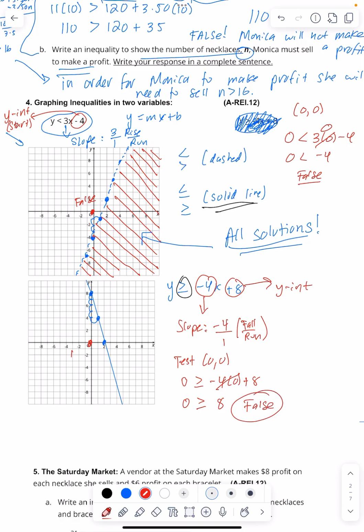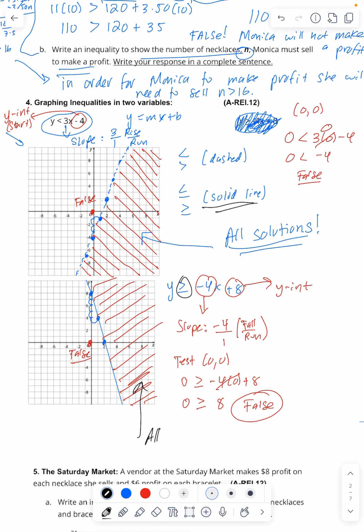So again, these are all false here. So that means that we shade in the opposite side. You shade to the right in this case, right? So that tells us that, again, all of these values in here are all solutions or possible solutions to this inequality here.